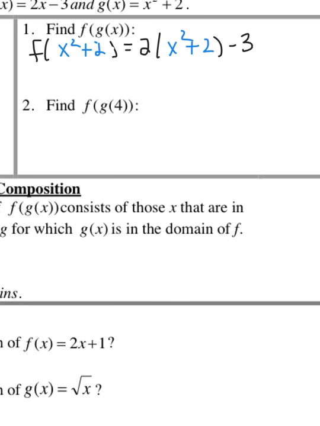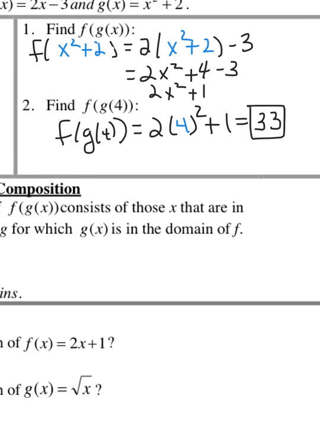Then what I'm going to do is simplify this and then substitute. We've plugged in our x squared plus 2, simplified it, and we come up with 2x squared plus 1 as our f of g of x.